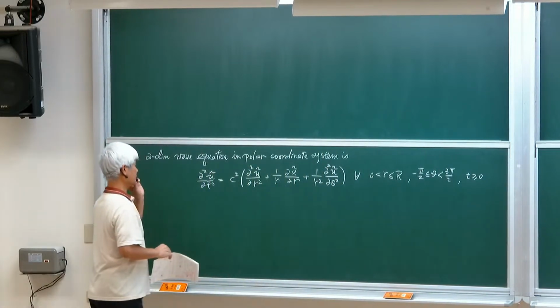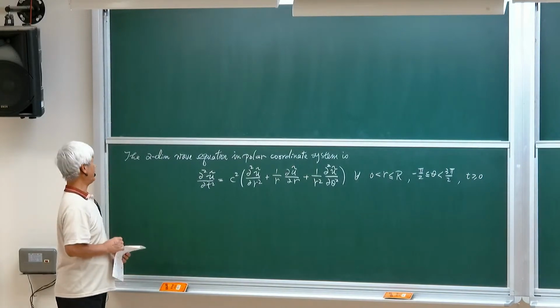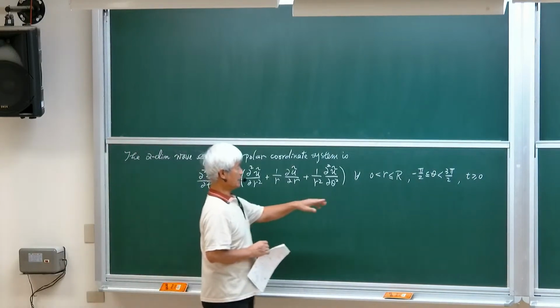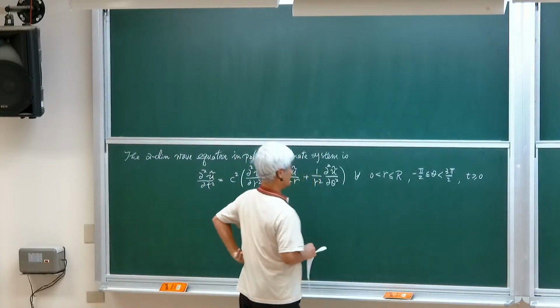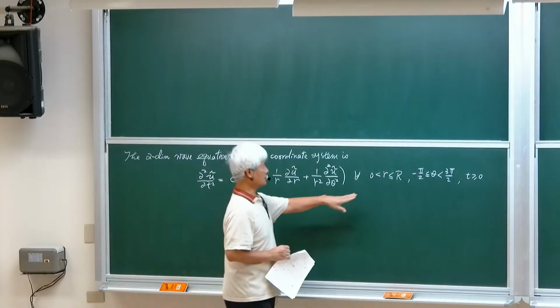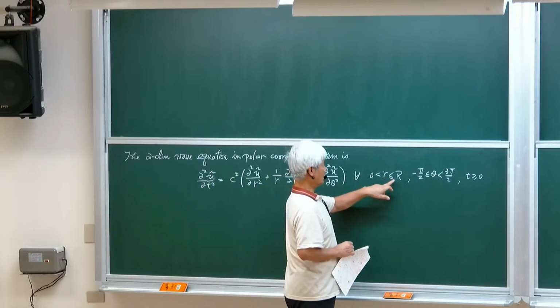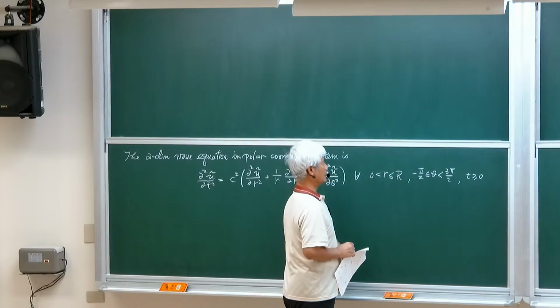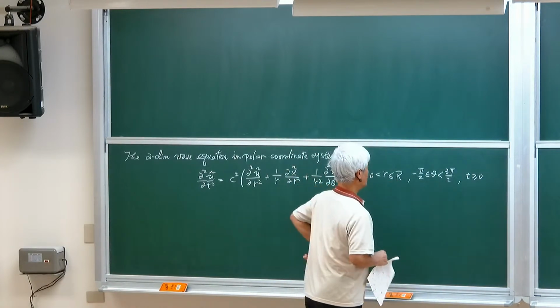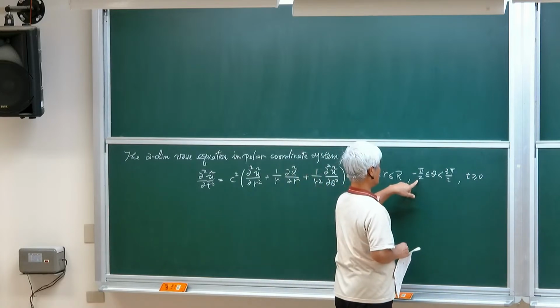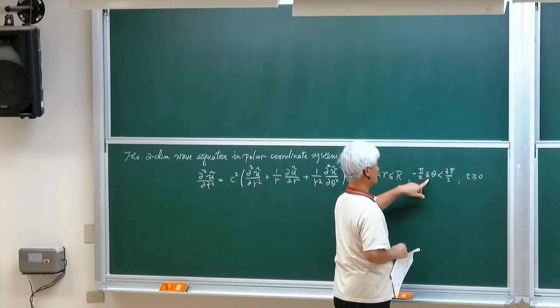So last Tuesday, we derived the two-dimensional wave equation in the polar coordinate system. We see that the radial distance r is confined between 0 and R, including the right end R, and the horizontal angle theta goes from minus pi over 2, including minus pi over 2, up to 3 pi over 2.